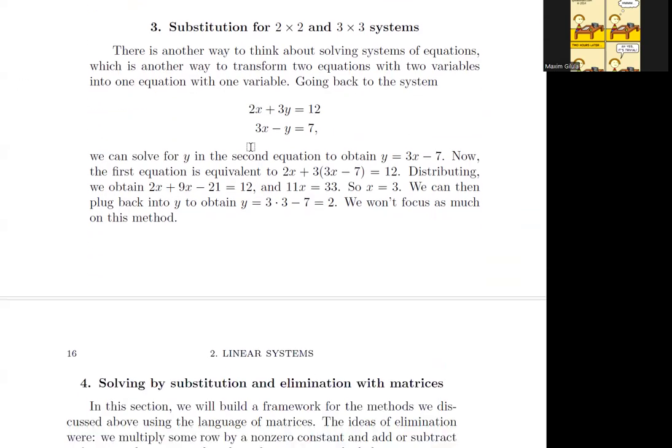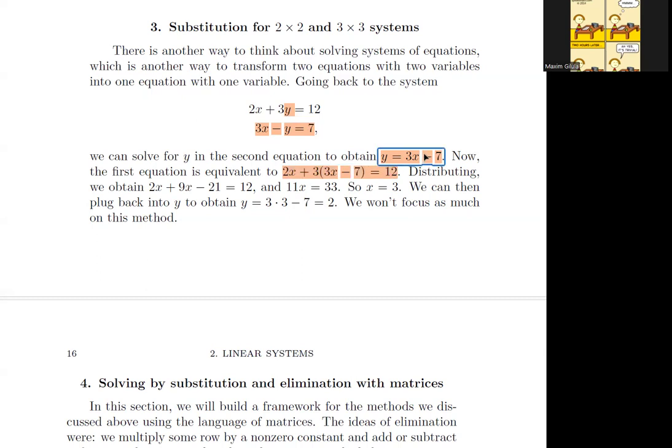So we could also talk about substitution. That's another method, but we won't focus on that in this class. You could transform two equations in two variables into one equation with one variable by solving for one of the variables. So we could solve for y in the bottom equation and plug it back into the top equation.